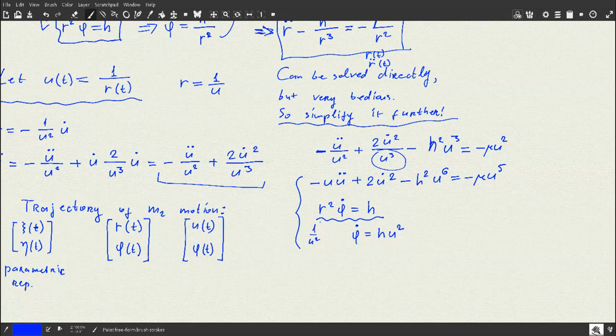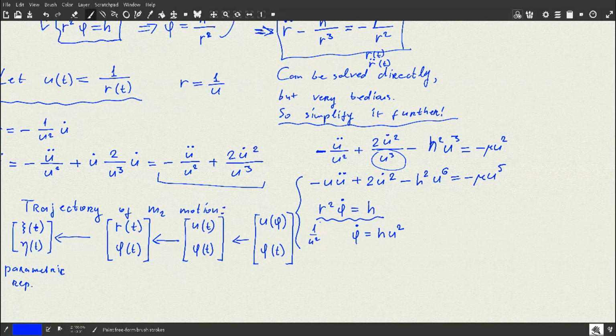And if you got r of t and phi of t, then of course you can easily get psi of t and eta of t by just taking psi equal to r cosine phi, eta equals to r sine phi. So if we solve for u of t, phi of t, we get r of t, phi of t, and then we get psi of t, eta of t. For the moment, we didn't. Or we can even do the following. We can obtain functions u of phi and phi of t.